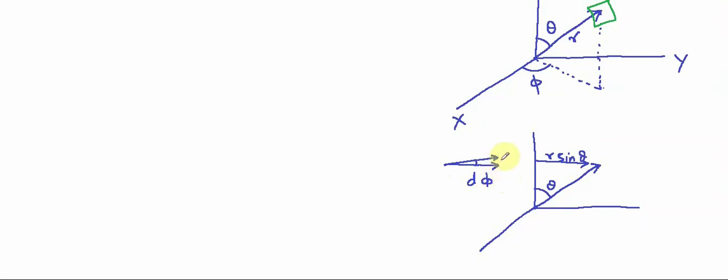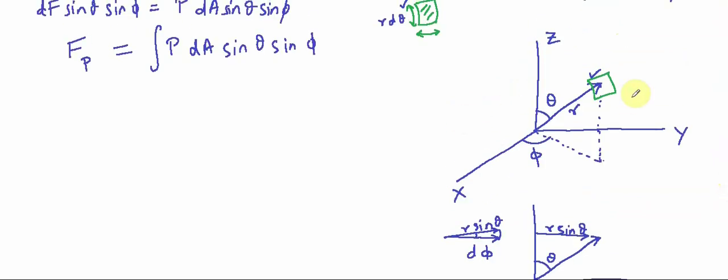So this angle is d phi and this length is r sin theta. Then this length is going to be, from s is equal to r theta, arc length is equal to radius into angle, so this length is r sin theta d phi.